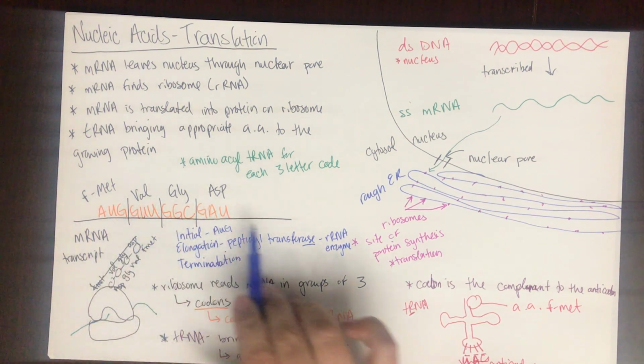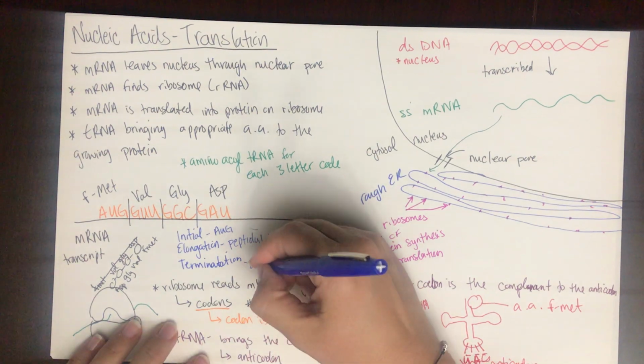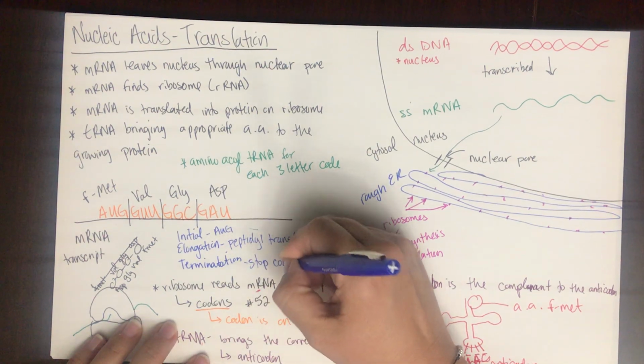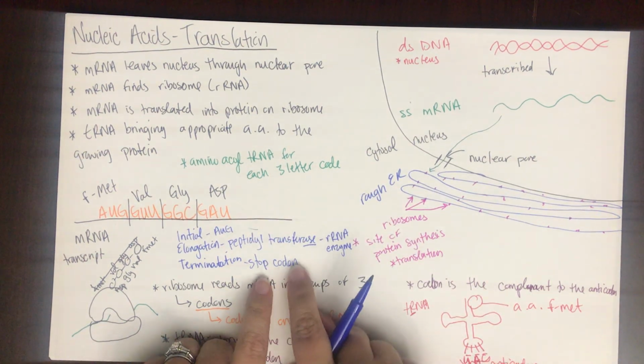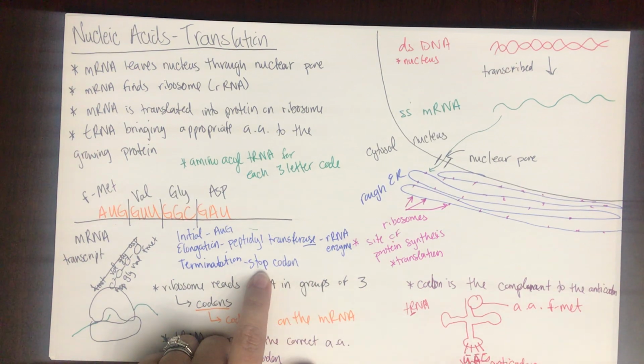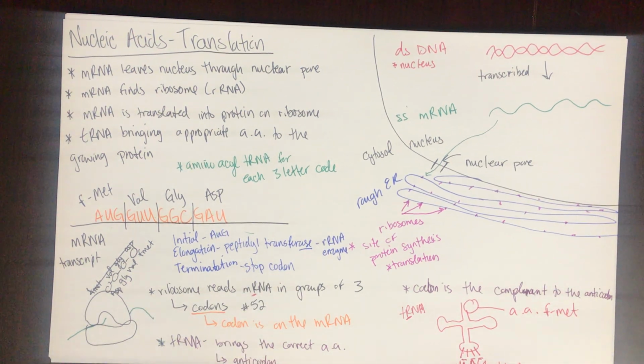This will continue reading this code until it reaches what's called a stop codon. And what's important about the stop codon is that instead of the tRNA bringing the next amino acid, it would bring what's called a termination factor, which would cause the protein synthesis to stop.